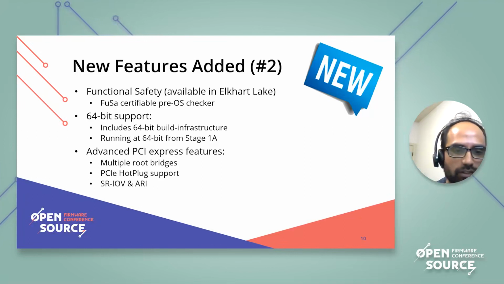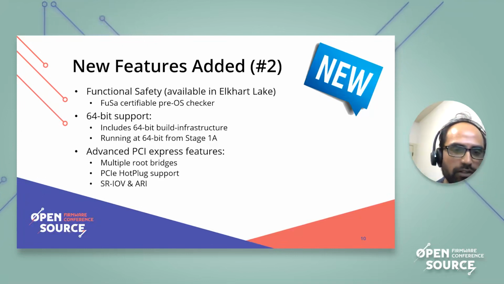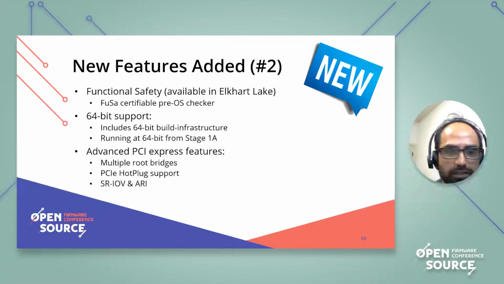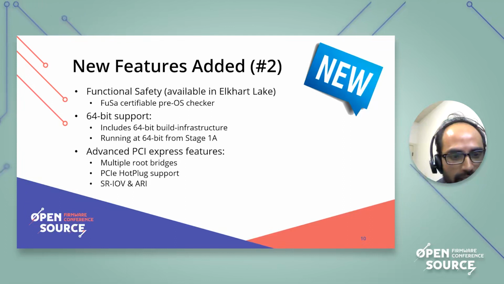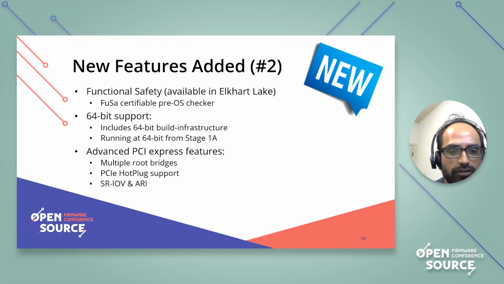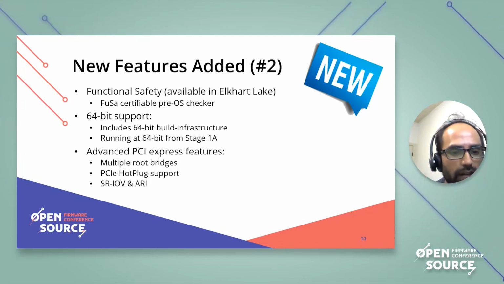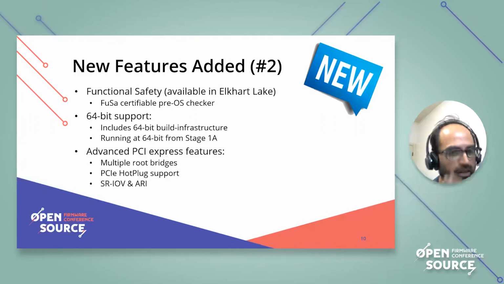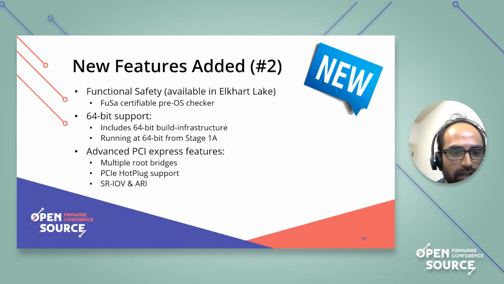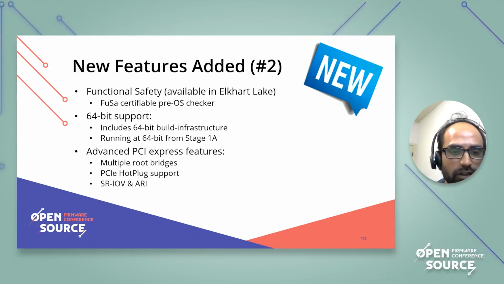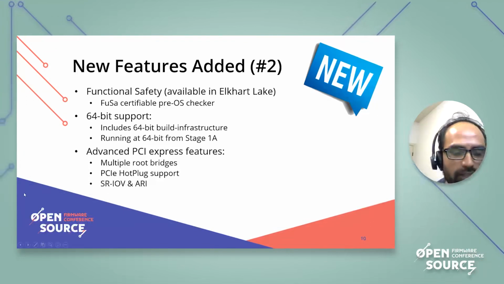For example, he wants to downgrade to 32-bit for one particular bus or a list of buses, and downgrade to 64-bit or something like that. And one important feature for the servers is the IO virtualization. In order to support this, Slim Bootloader's PCI enumeration library has support for SR-IOV and the ARI protocols, which are industry standard specifications.